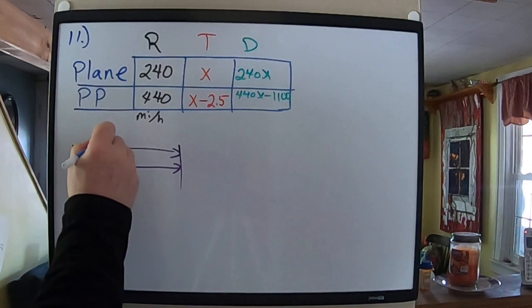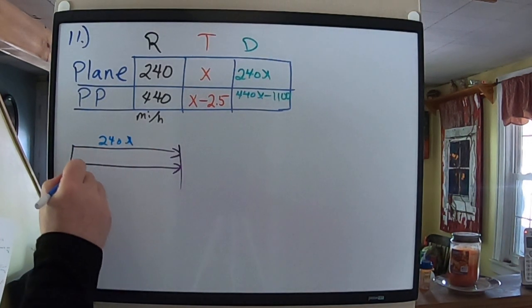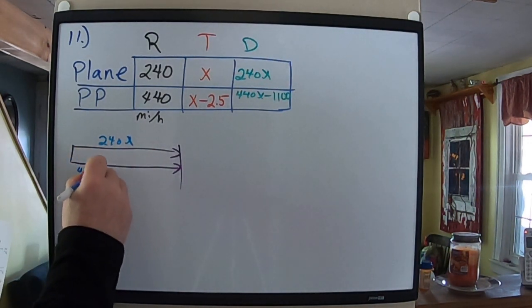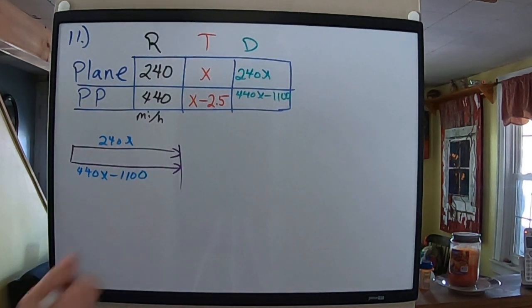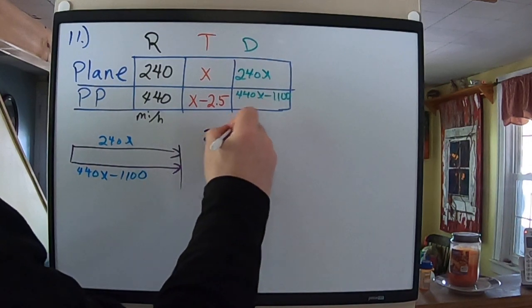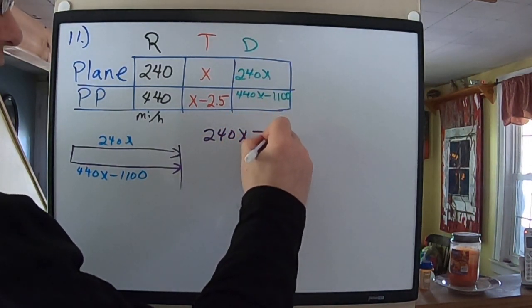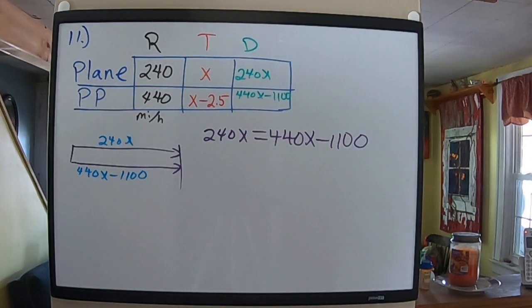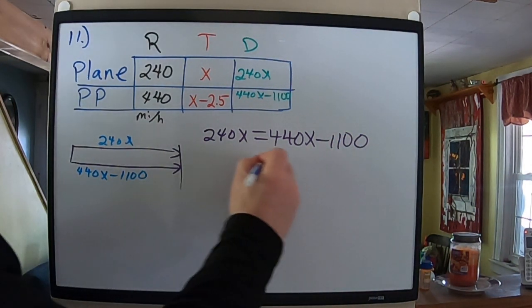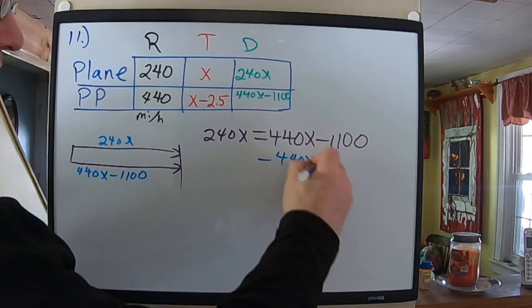The first plane 240x, the other plane 440x minus 1100. So therefore, when I set up my equation, 240x equals 440x minus 1100.